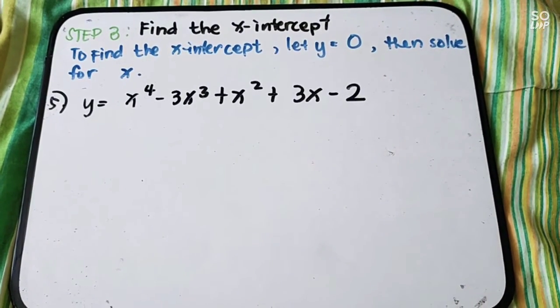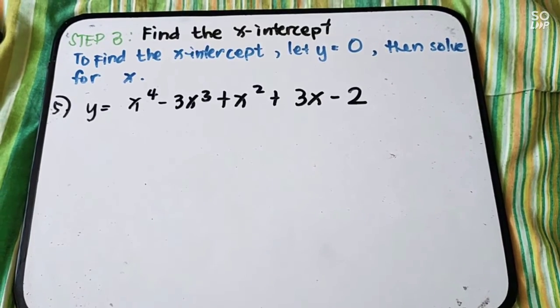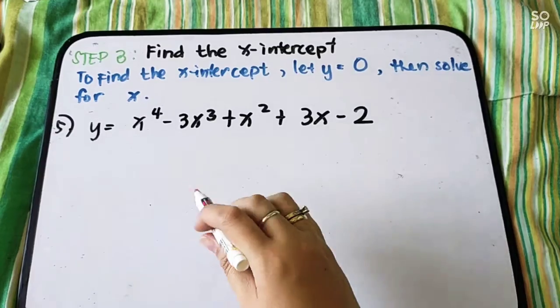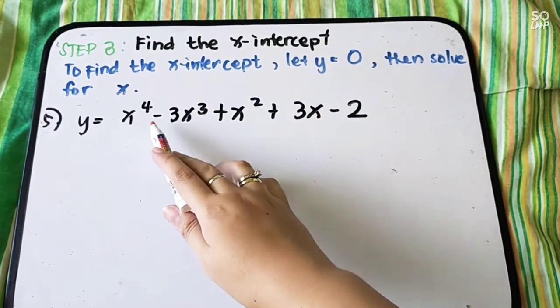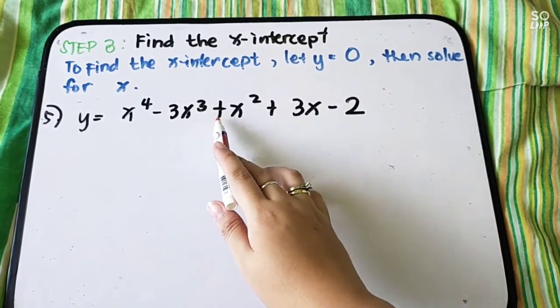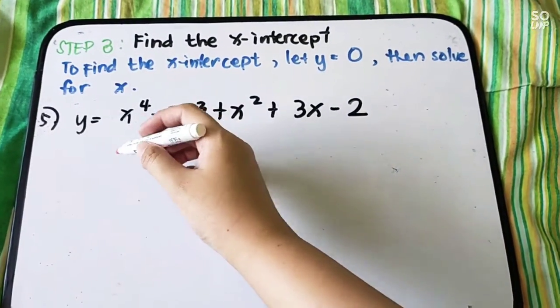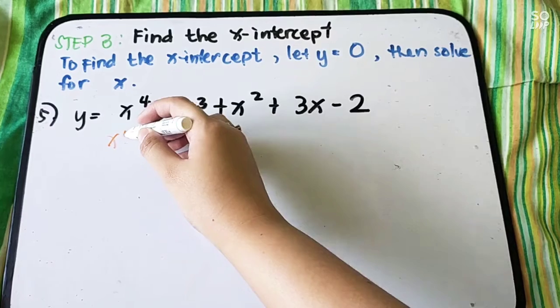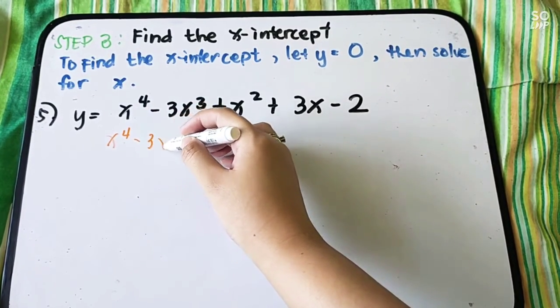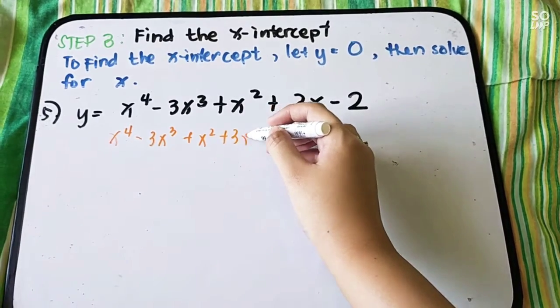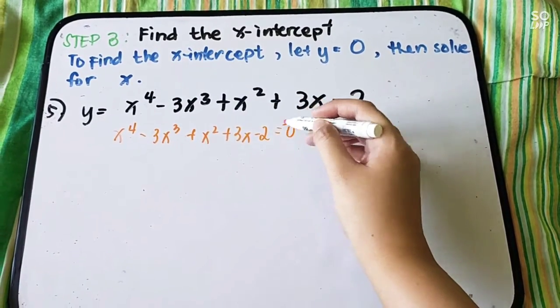Example number 5. Last example tayo for the x-intercept. So, medyo mahirap-hirap ito kasi naka-raised to 4 tayo. So, we have y equals to x raised to 4 minus 3x cubed plus x squared plus 3x minus 2. So, let y be equals to 0. So, this one, it becomes x raised to 4 minus 3x cubed plus x squared plus 3x minus 2 is equals to 0.